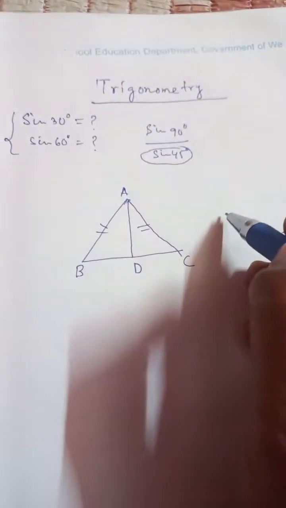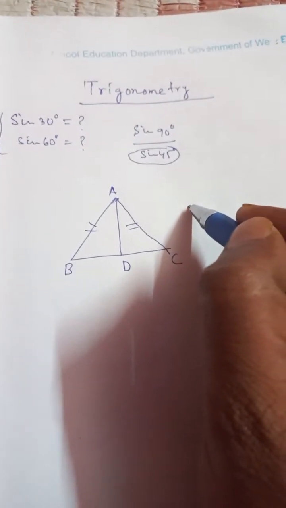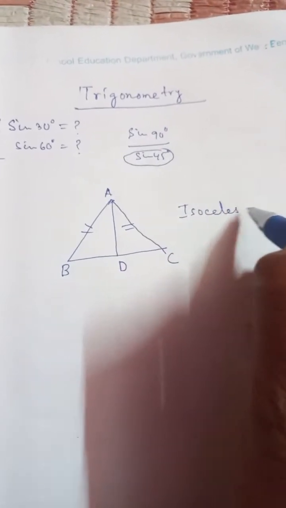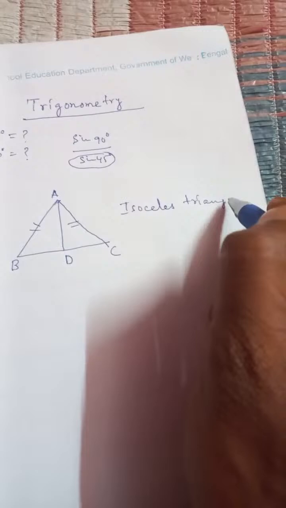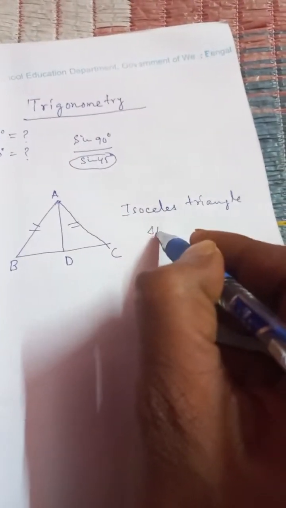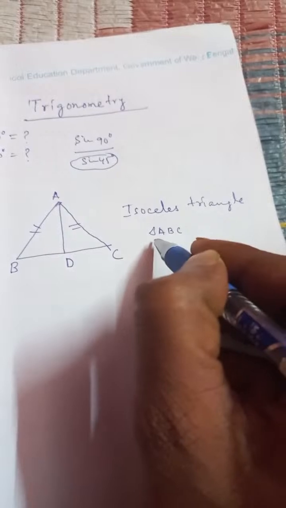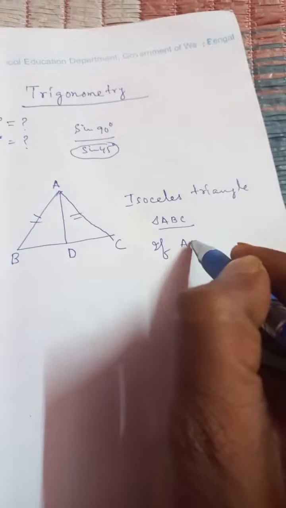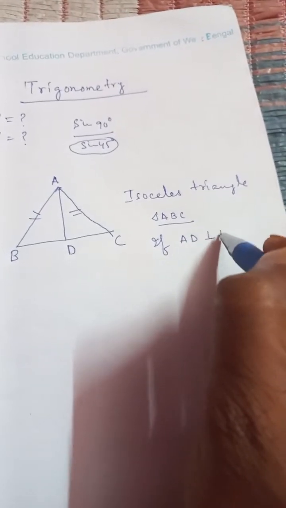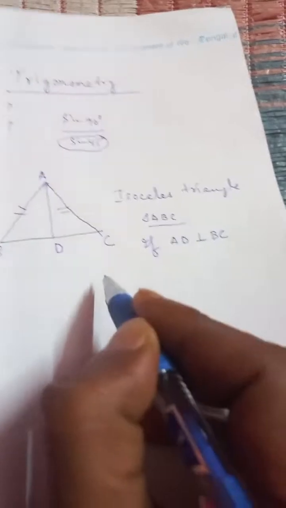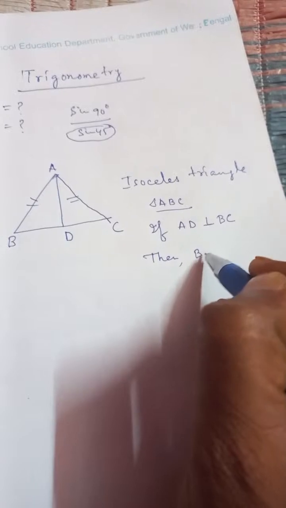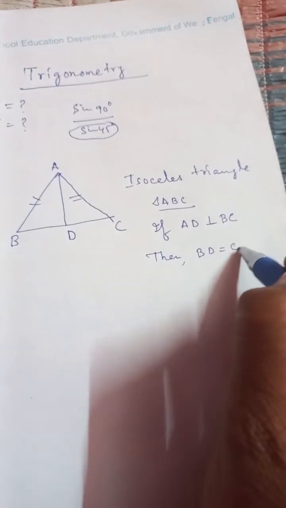So you know that for an isosceles triangle ABC, if AD is perpendicular to BC, then BD must be equal to CD.